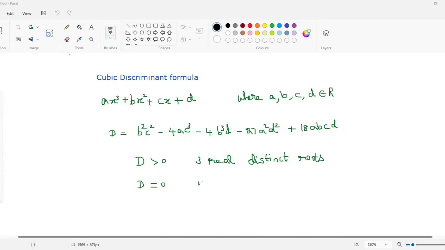The roots are real, and they come like alpha, alpha, beta, or all three roots being the same, but the roots are real. The last condition, discriminant less than 0, means there is only one real root, the other two being complex roots.